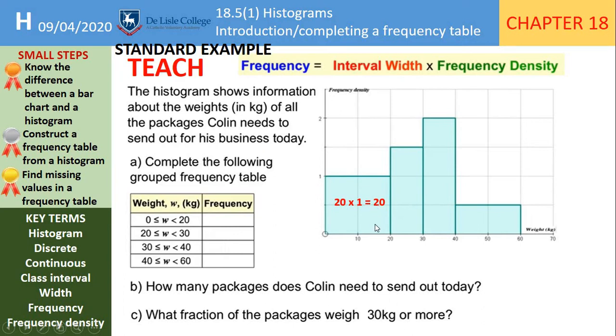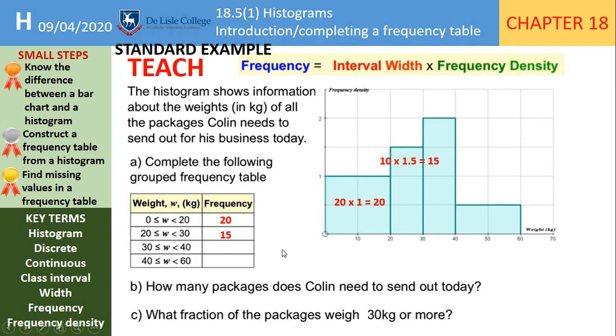So 20 multiplied by 1 gives us a frequency for this group of 20. For the next bar, now be careful here, we go up to 30, but the interval width is only from 20 to 30, so this is 10 multiplied by the frequency density, this time of 1.5.